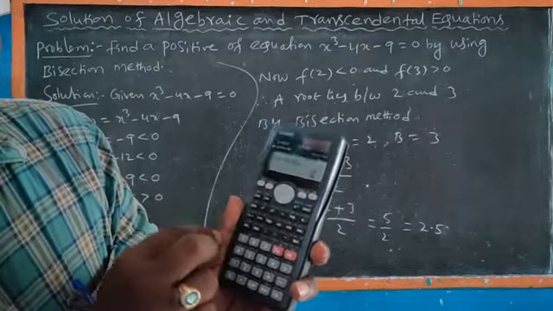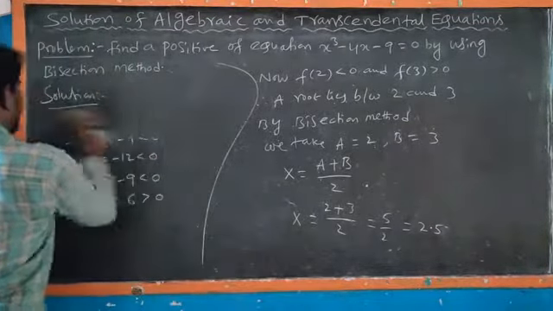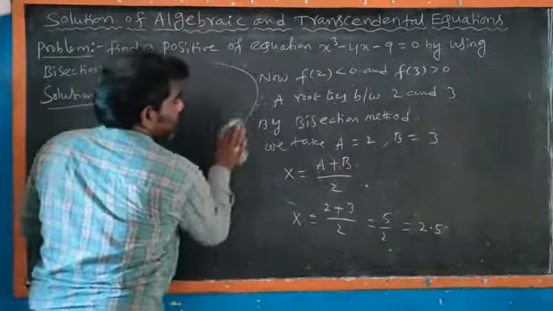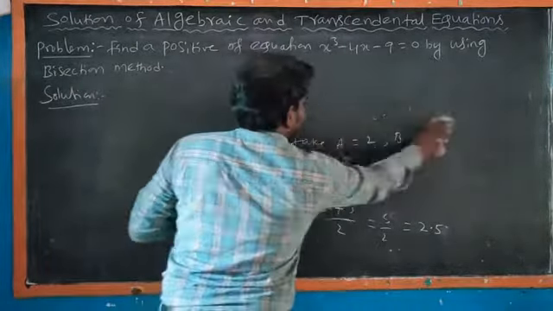Now calc. What is a? 2, equal to. What is b? 3, equal to 2.5. So here A is 2, B is 3, X is 2.5.